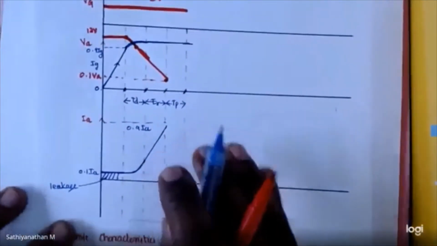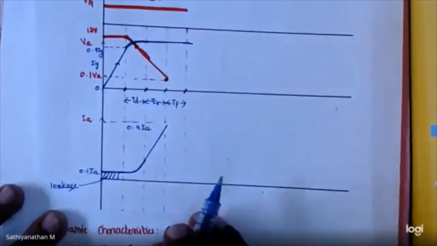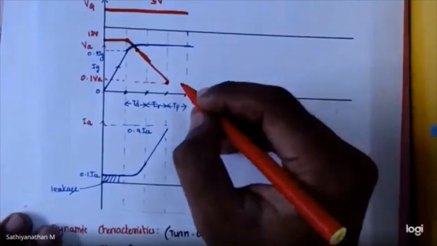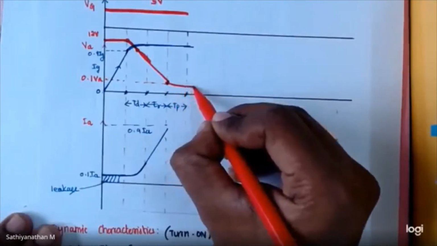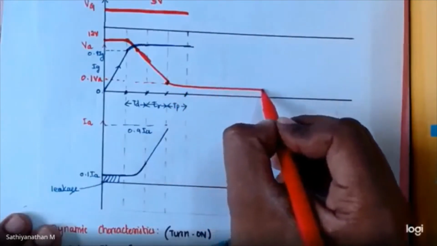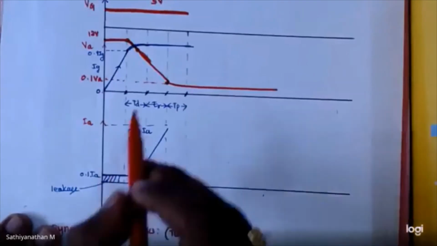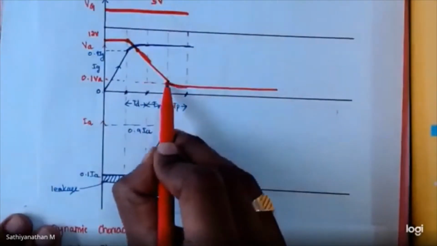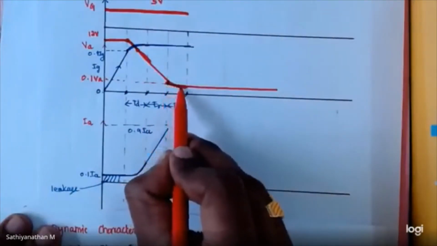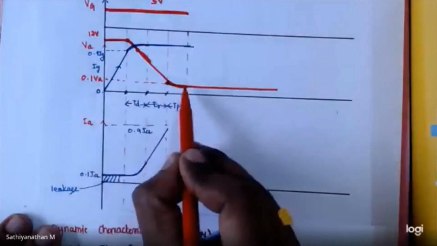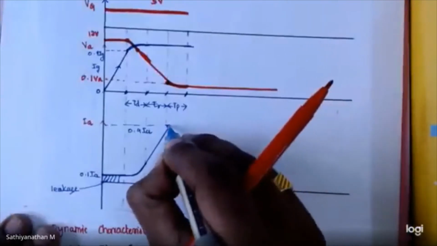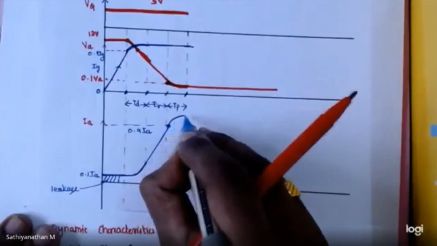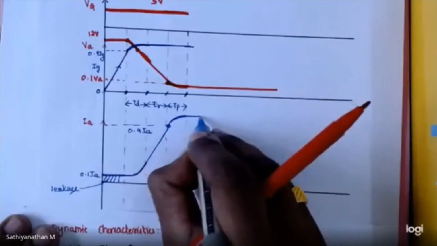Okay, the last one is spread over time. So during spread over time, your anode voltage remains constant. So during this time period, this is called spread over time, TP. During this time, your anode voltage remains constant, and your anode current settles at the maximum value.